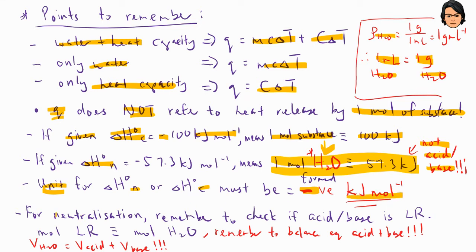For neutralization, remember to check whether there is any limiting reactant, because if there is, the number of moles of water will depend on the limiting reactant. Don't forget to balance the equation between acid and base. The common mistake students make is not adding up the volume of acid and base for the volume of water.